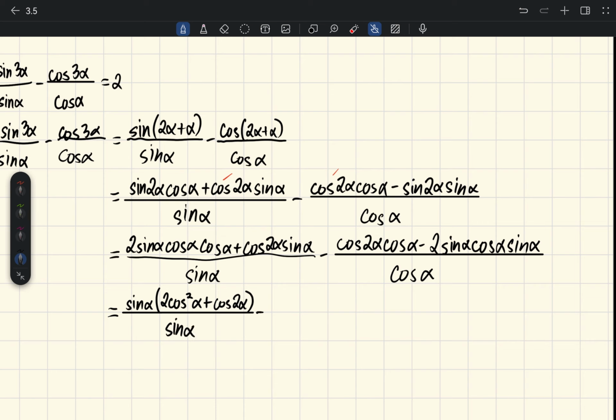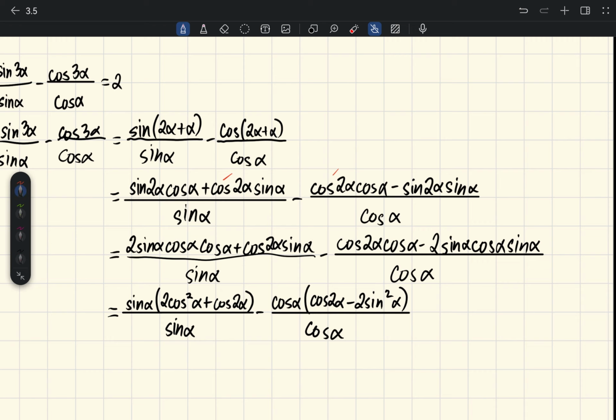Then minus, for the second fraction, we factor out cosine alpha. What's left in the first term is cosine 2 alpha. Then minus, if you remove the cosine alpha here, you have 2 sine squared alpha. So minus 2 sine squared alpha all over cosine alpha.